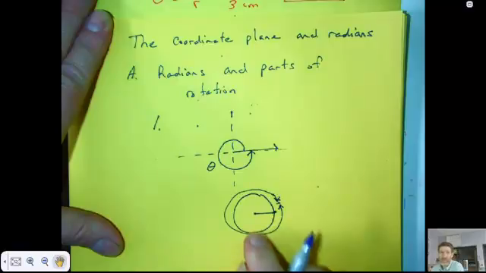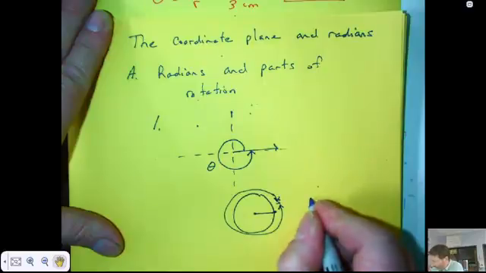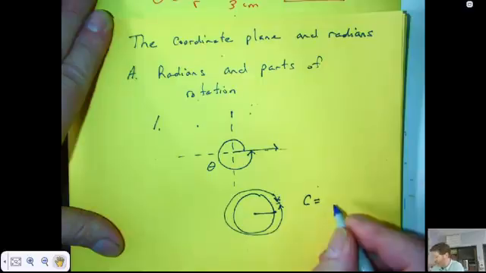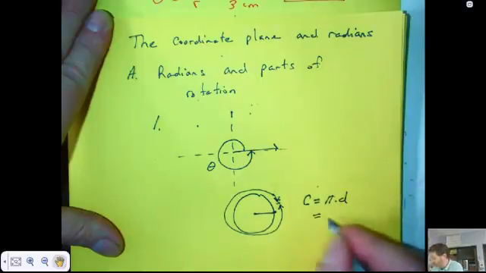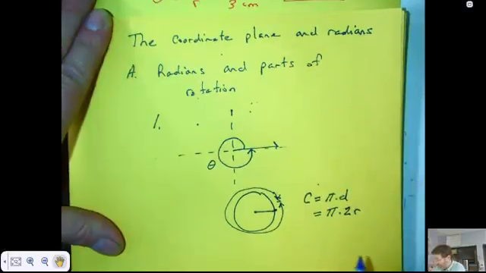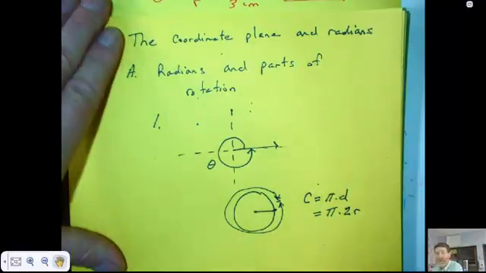So how do you find the distance around the circle? That's called the circumference, right? Circumference equals what? Pi times diameter, which would also equal pi times twice the radius, right? Because diameter is twice the radius, so 2 pi r.